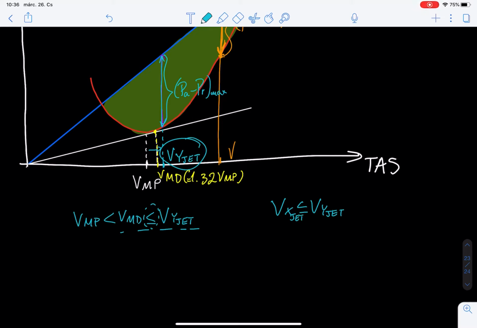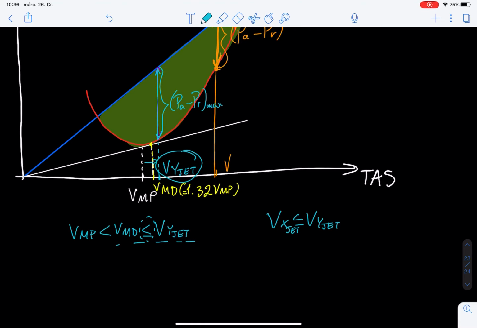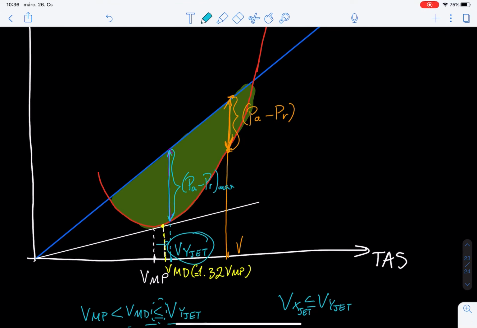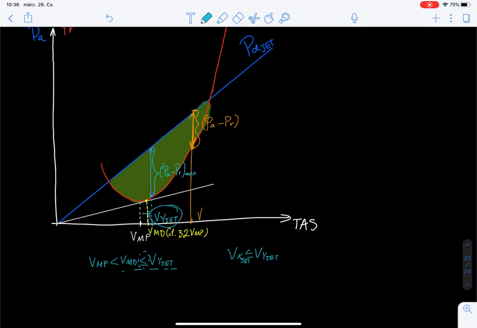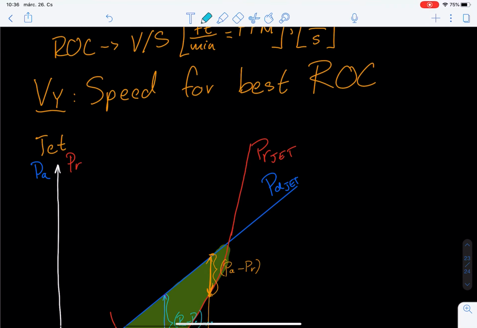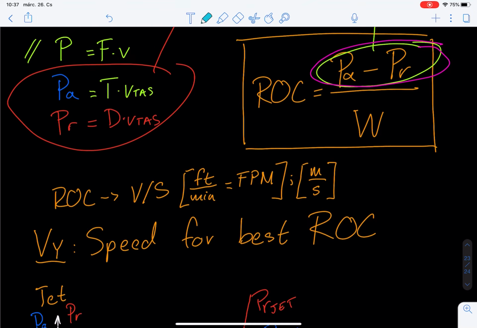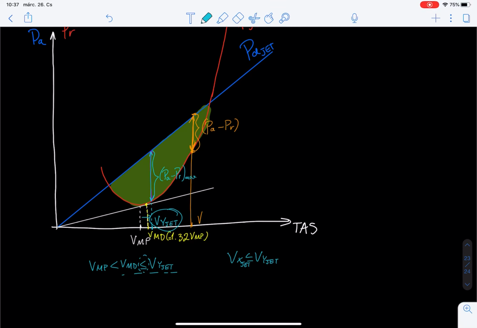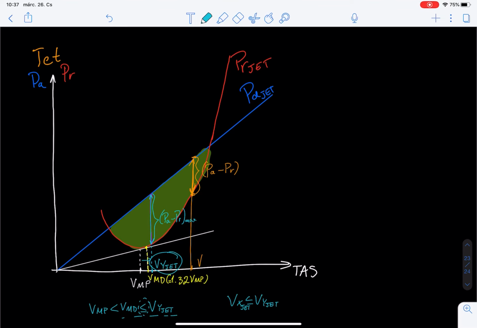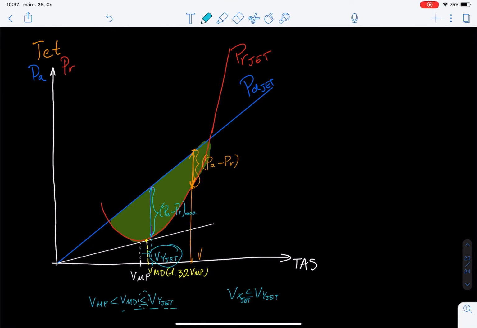Because if you remember, for the jet, the Vx, the speed for the best angle of climb, was equal to the VMD, right? And this is where the highest power available minus power required function is. So therefore, that's where you have the highest excess power available, so therefore the highest rate of climb with the jet. Okay, so I hope that makes sense.